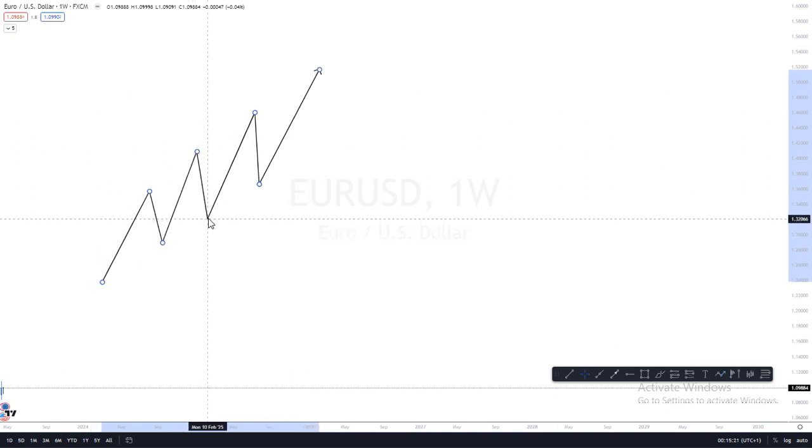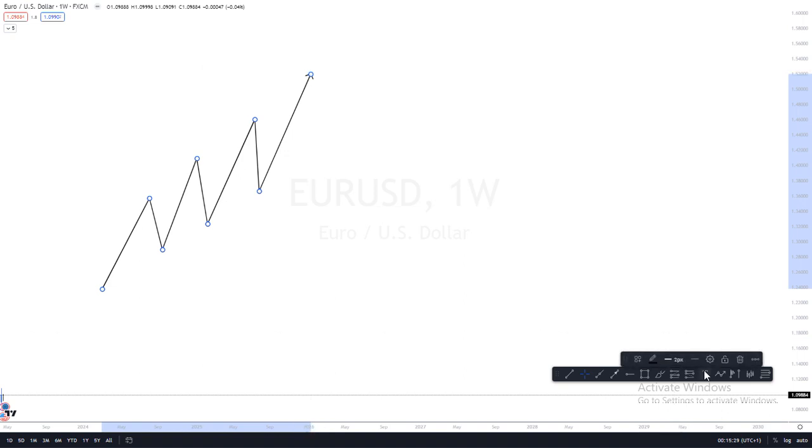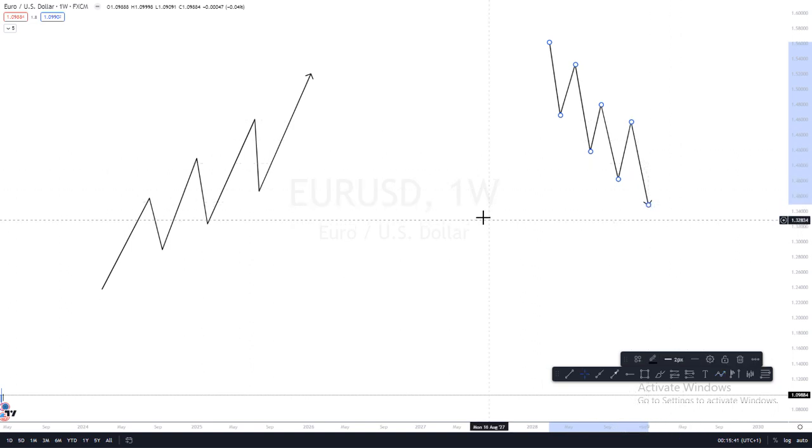This is one phase of the market. Another phase is the flip side of this, which is lower high, lower low, lower high, lower low, and so on.